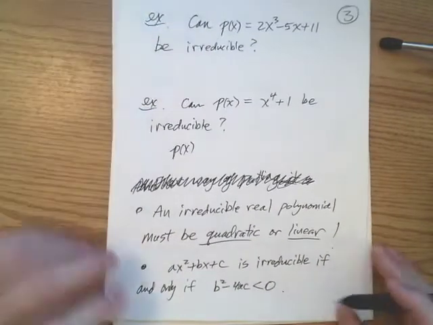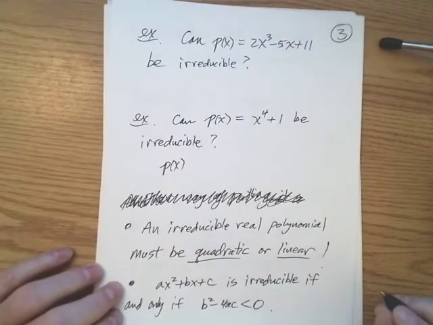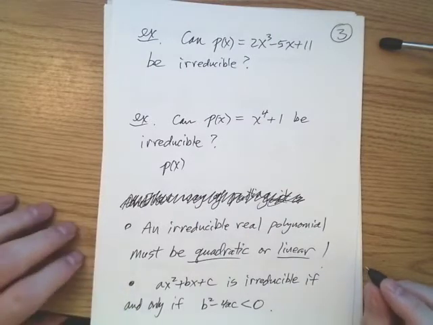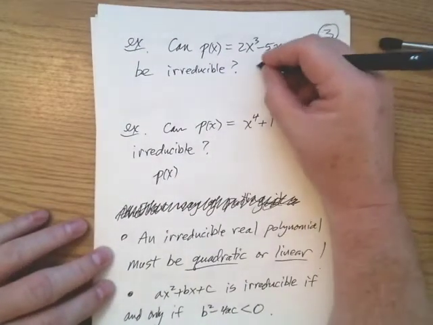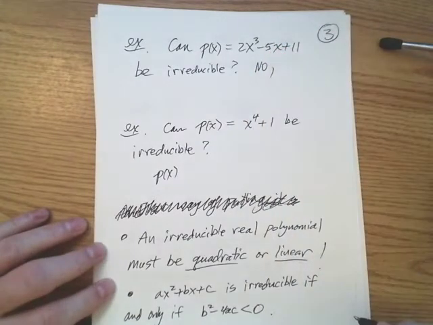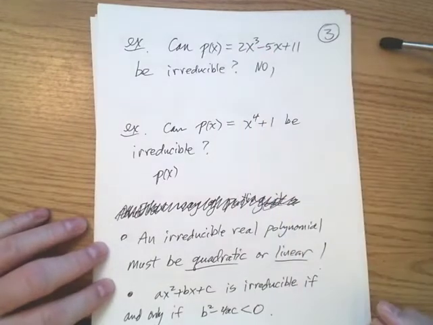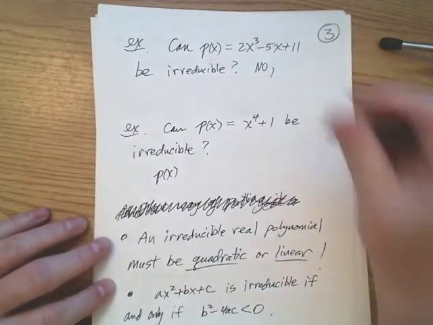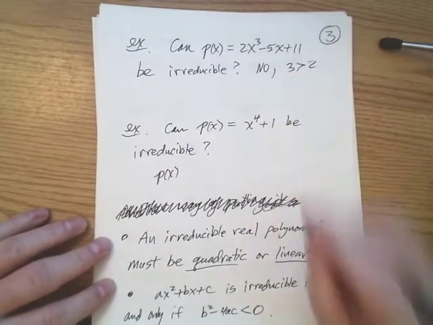Let's take a quick example here. Can the polynomial p of x, which is 2x cubed minus 5x plus 11, be irreducible? The answer is no. It's a real polynomial. What's its degree? Its degree is 3. 3 is greater than 2. This isn't quadratic.